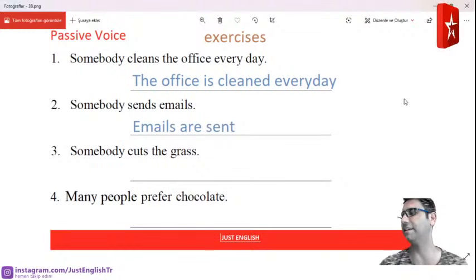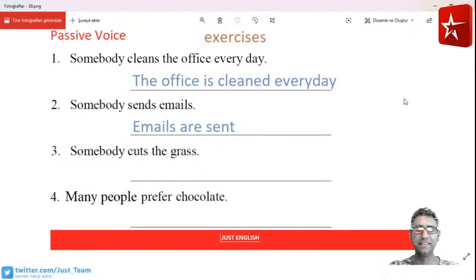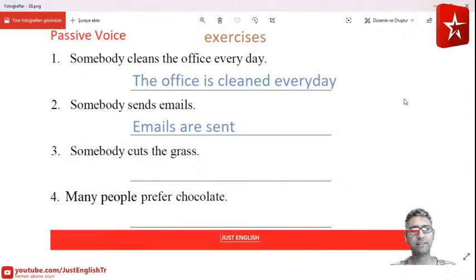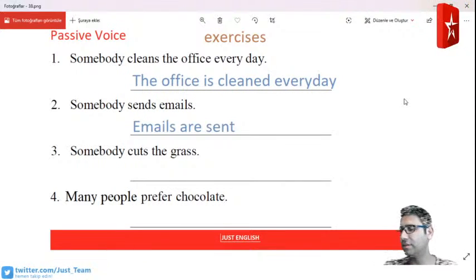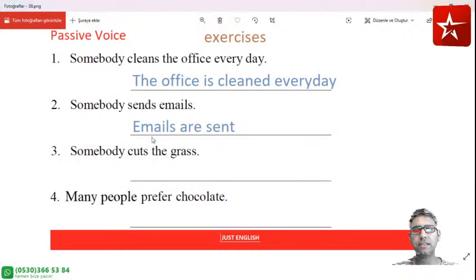Hello guys, let's continue to our lesson. We are in the third exercise. As you can see on the screen, we are changing these sentences into passive voice.